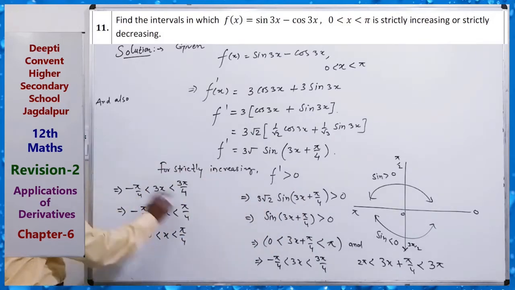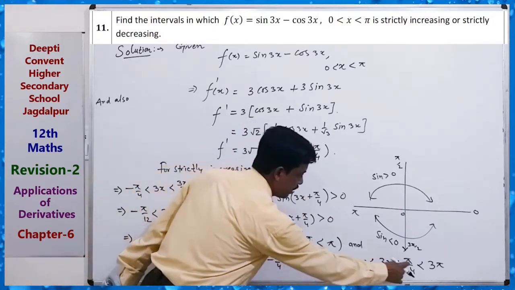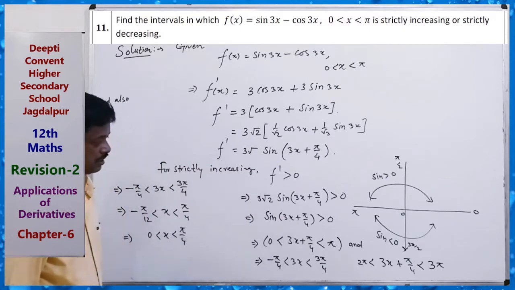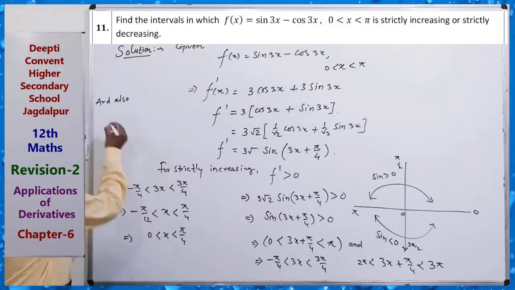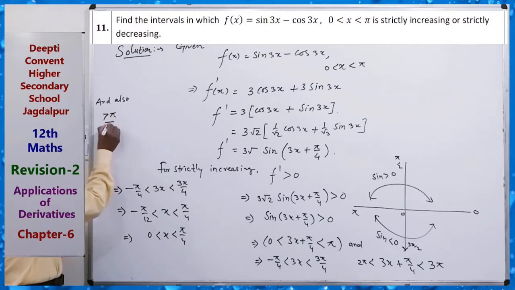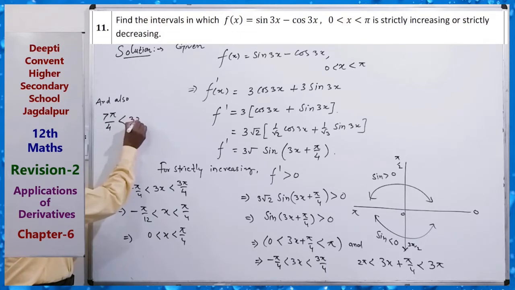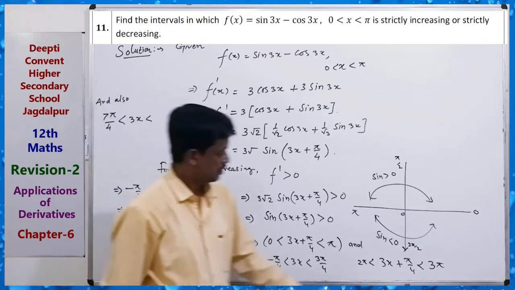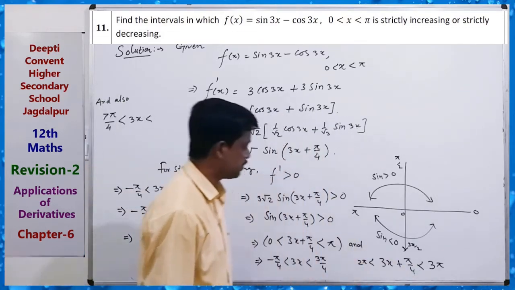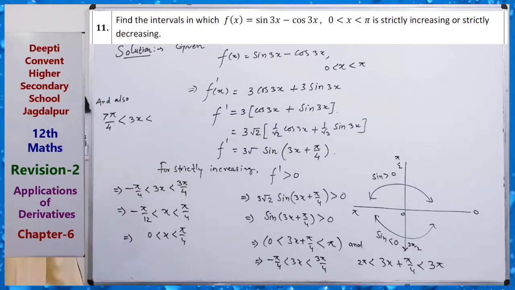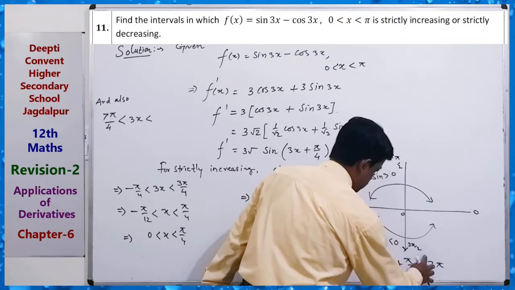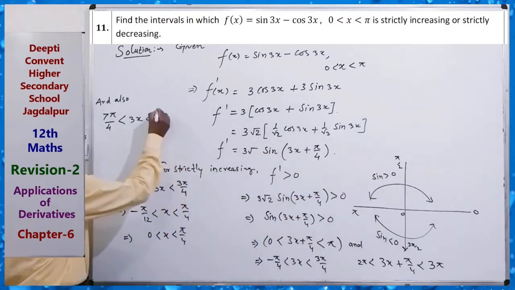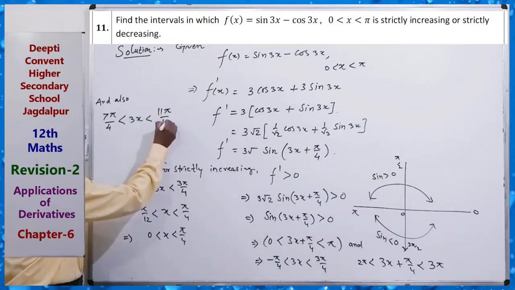So 2 pi minus pi by 4 means 8 pi minus pi, 7 pi by 4, less than 3x less than 3 pi minus pi by 4, which means 11 pi by 4.